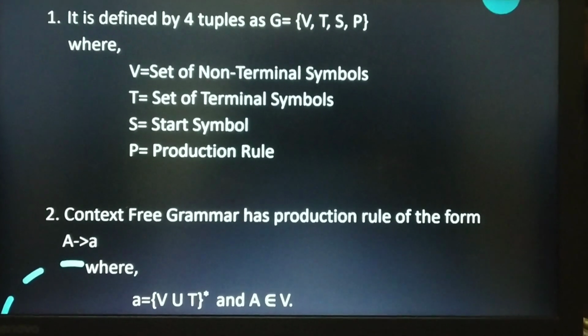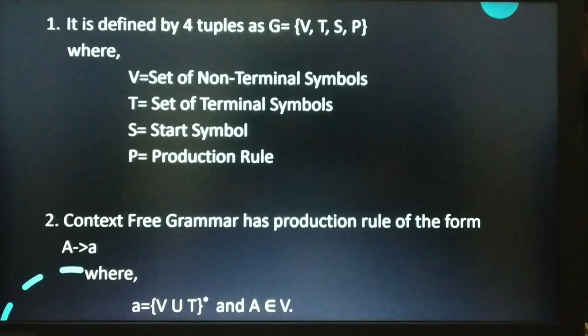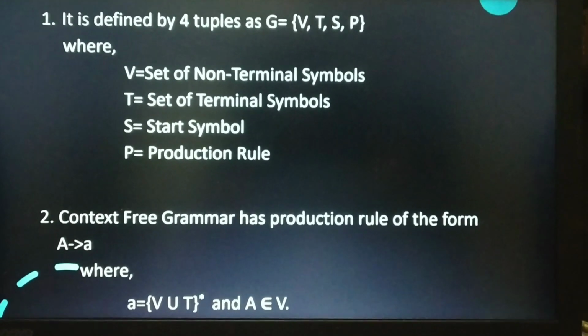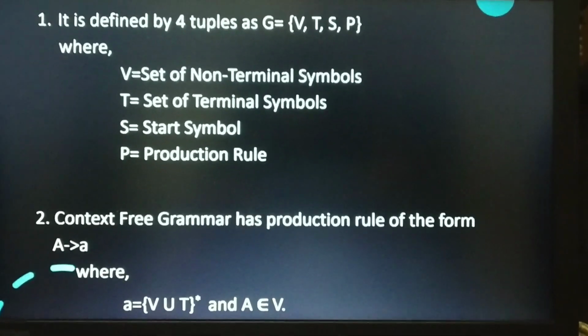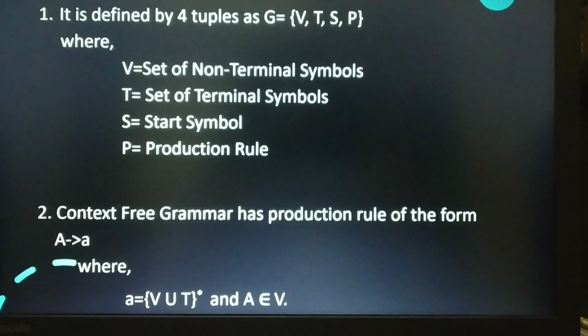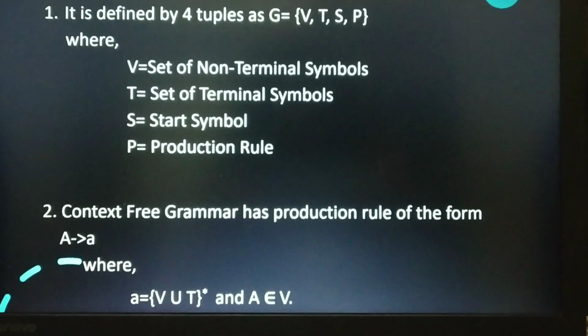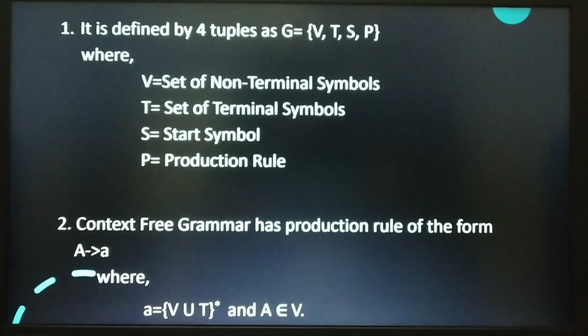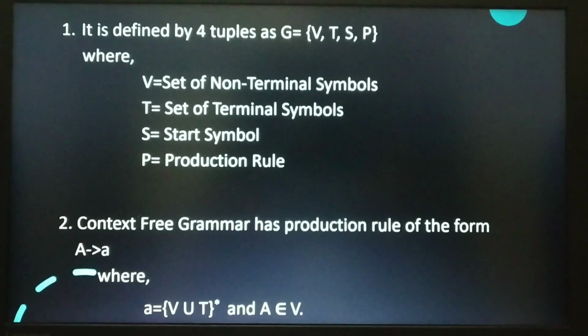That is, it can be a string of terminal symbols, or of non-terminal symbols, or of both terminal as well as non-terminal symbols, or it can be empty. That is, it can be epsilon.